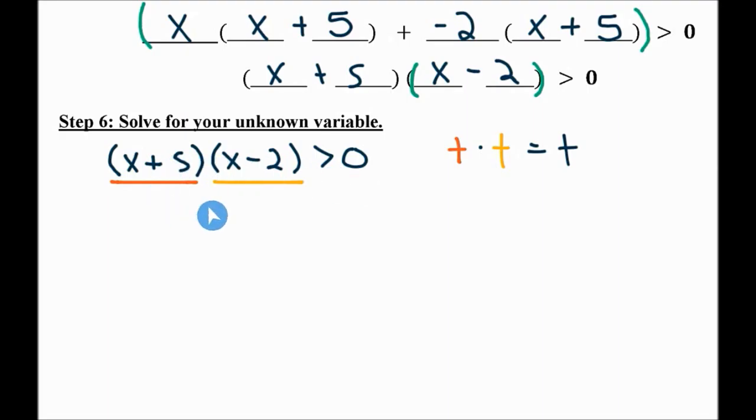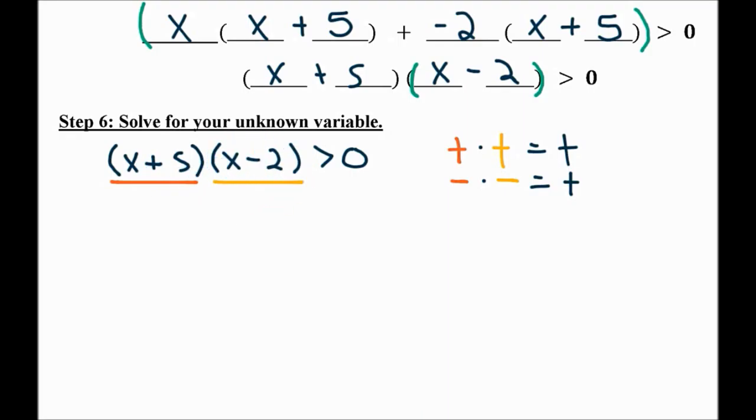So we would have a positive times a positive, and that would give me a positive number. Okay? But that's not the only way that we could get a positive number. We could also have this entire quantity as a negative, so the first factor negative times the second factor also negative, and that would result in a value that is greater than 0, or positive, right? So either this has to be negative and that negative, or this has to be positive and that positive.